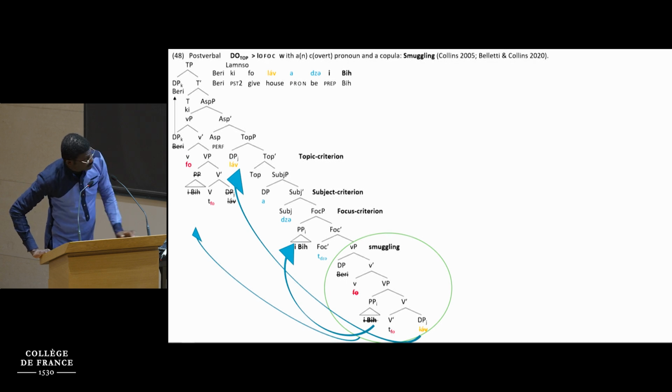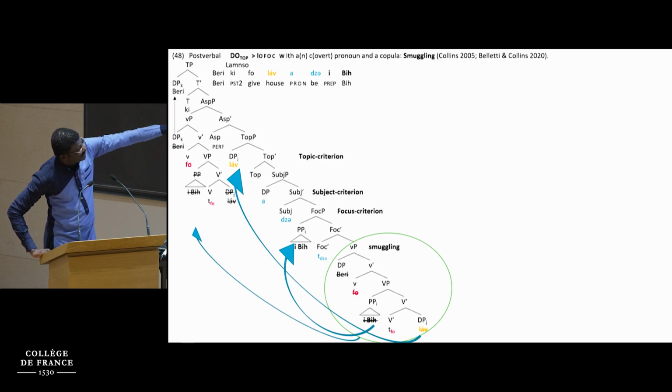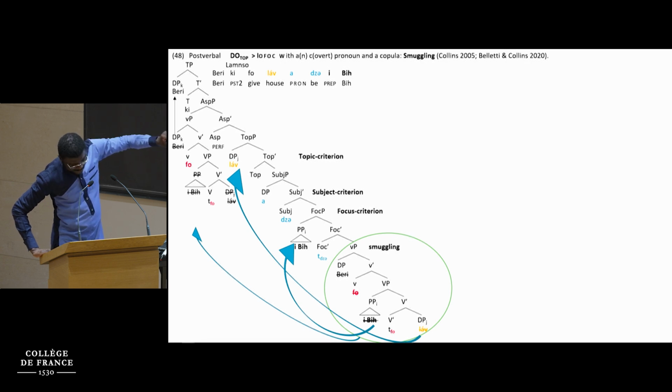And the next strategy, here you have a direct object which precedes an indirect object which is interpreted as contrastive focus, okay? The same thing goes here, where you have a kind of VP evacuation: you evacuate the direct object, you send it to the topic because it is given information, then you take the indirect object and send it to the focus position.